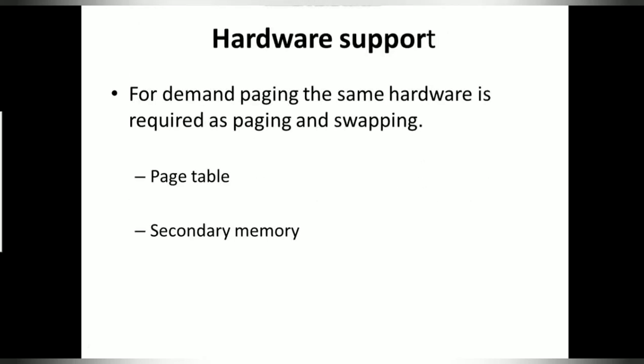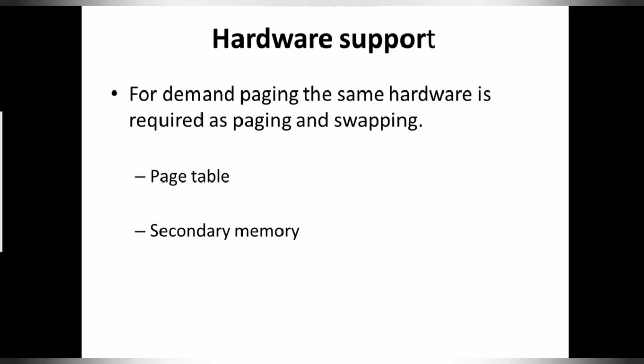Now what is the hardware support we have for demand paging? What is demand paging? It is a combination of the concepts of paging and swapping. In the last chapter we have already seen the hardware support for paging, that is the page table and the various page table structures.